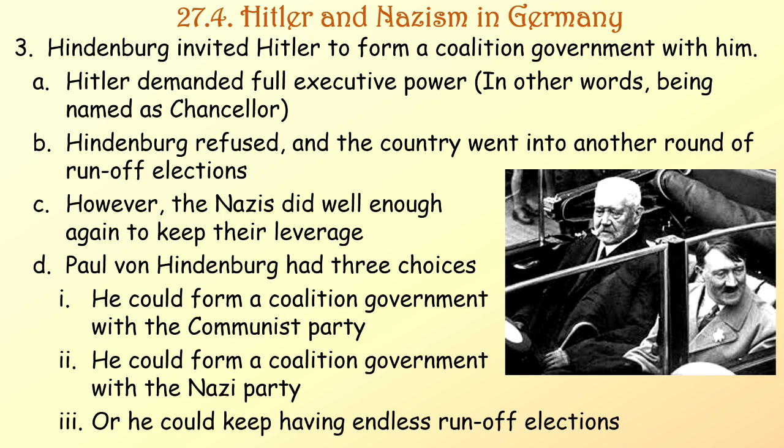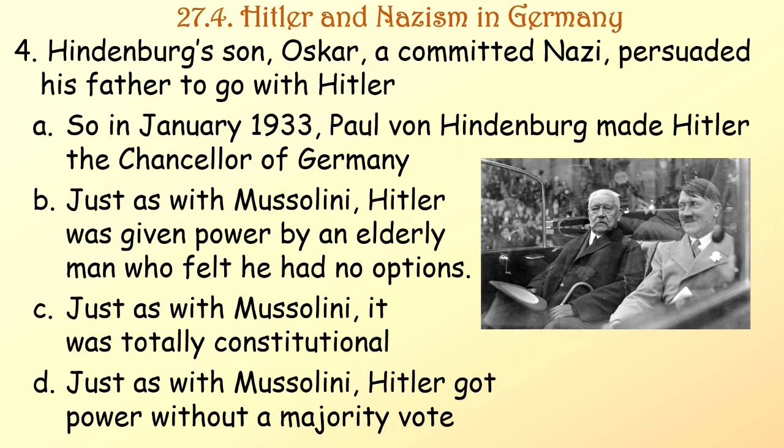However, the Nazis did well enough again to keep their leverage, and Paul von Hindenburg had 3 choices. He could form a coalition government with the Communist Party, he could form a coalition government with the Nazi Party, or he could keep having endless runoff elections. Hindenburg's son, Oskar, a committed Nazi, persuaded his father to go with Hitler.